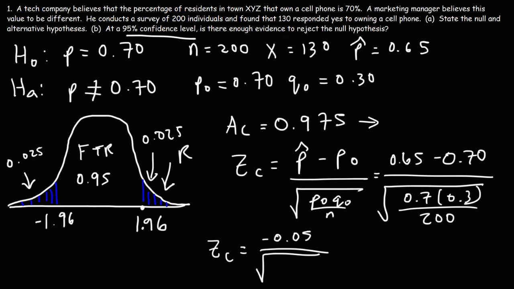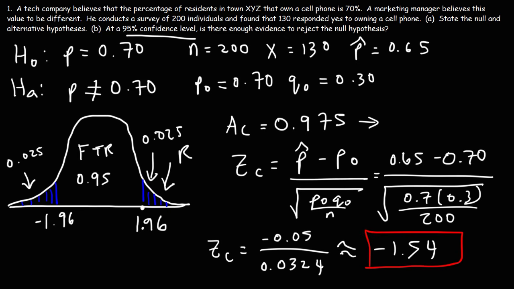And then 0.7 times 0.3 divided by 200, that is 0.00105. And then if we take the square root of that result, this is going to be 0.0324. So if we divide those two numbers, our z-value is going to be negative 1.54.